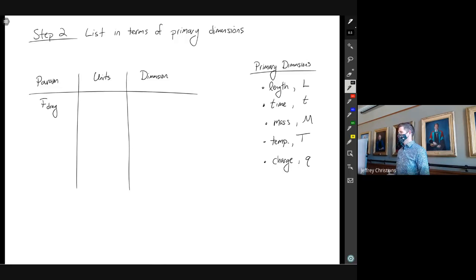It's a force. What are the units? Like a Newton. Appreciate you staying in metric. What are the dimensions of Newtons? If you break it up, it's what? Break it up into mass, length, and time, temperature and charge, but there's no temperature or charge in a Newton.